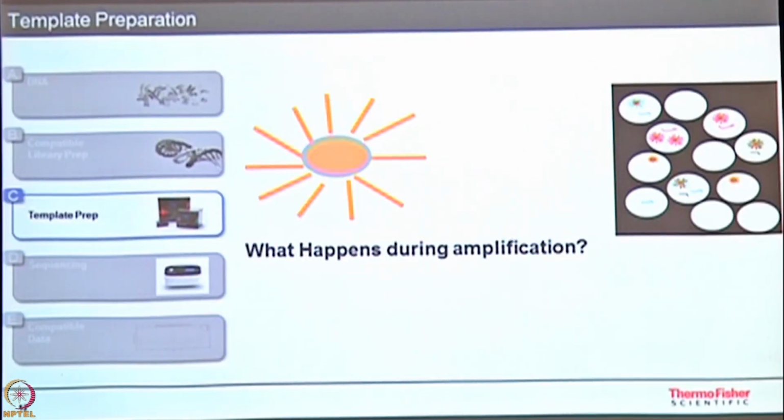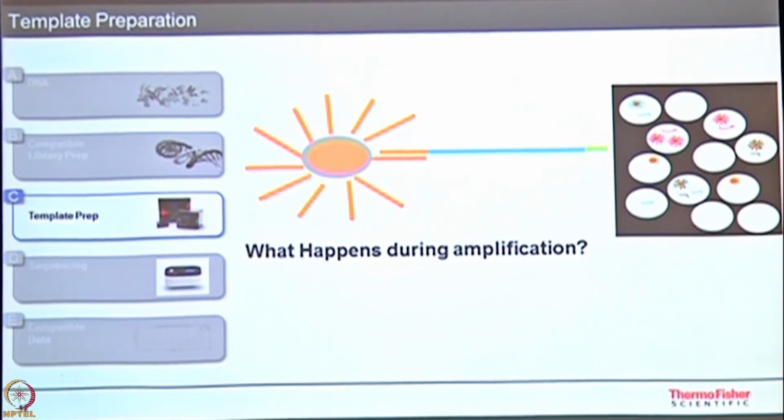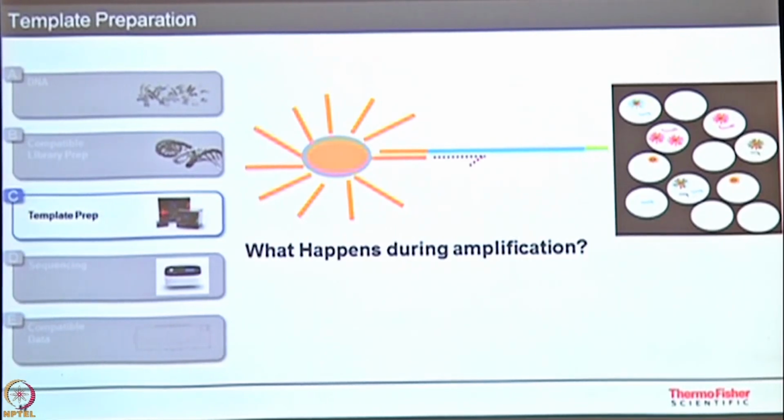So what is happening is, a library molecule is coming, it is getting denatured and it is sitting on the sequence which is complementary to the P1 adapter, and then it goes ahead and extends. Now this goes through a cycle of denaturation, annealing and extension like your normal PCR.